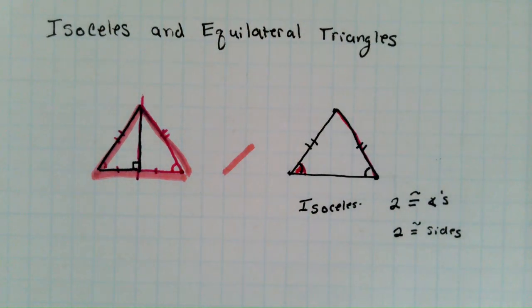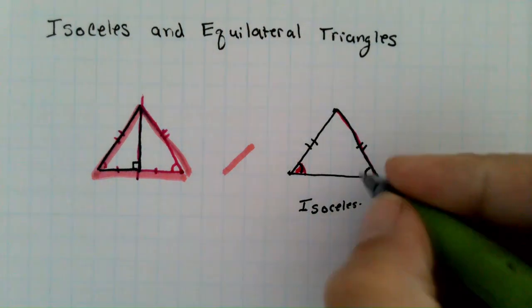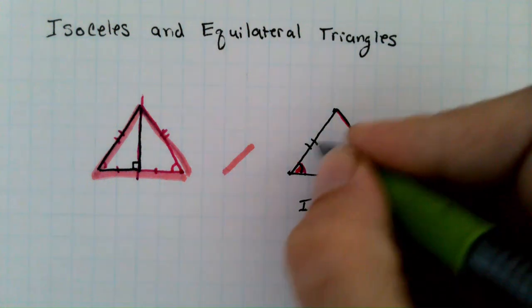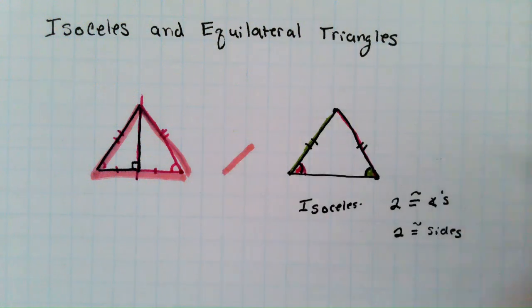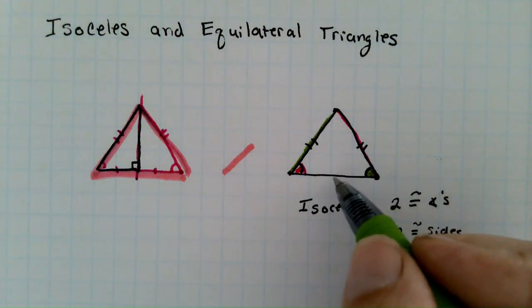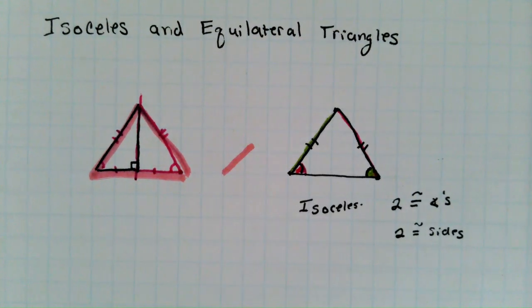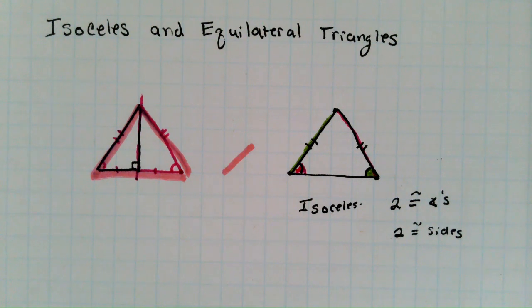Okay? This angle here matches up to this side right here. Now, I didn't mention the top angle and I didn't mention the bottom because we don't have a relationship between them. But the pink and the green angle are the same size, and the pink side and the green side are the same length. So that's what must be true in an isosceles triangle.